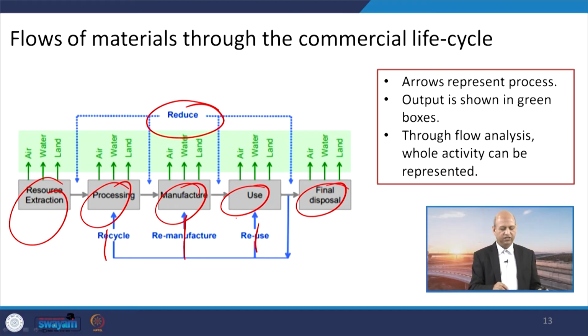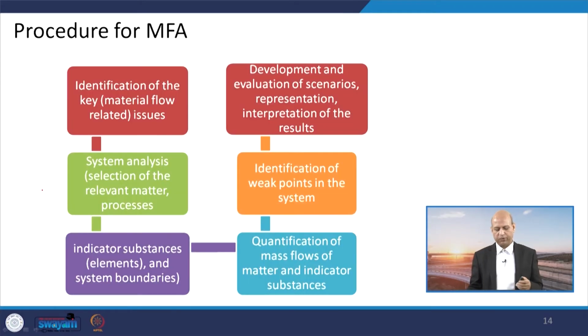Okay, and ultimately we know that something is going into air, water and onto the land in terms of waste. So, those things also have to be taken into account, otherwise the calculations will not be proper.